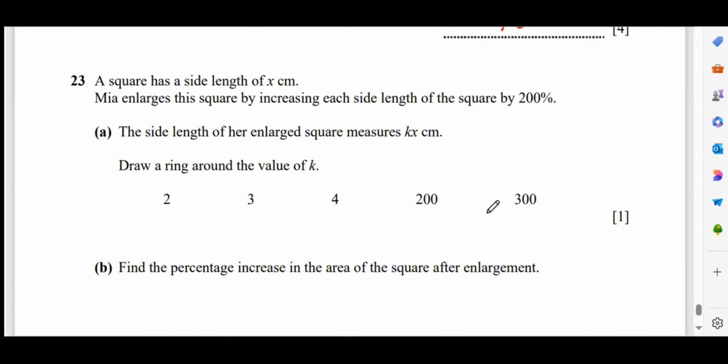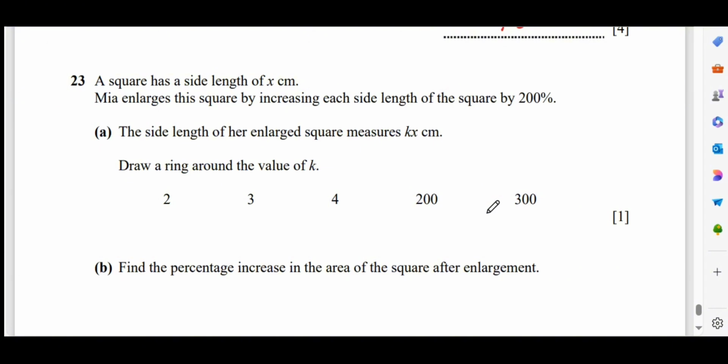They say the side length of the enlarged square measures a cm. Work out the value of a. You can make use of enlargement, scale diagram or scaling, or you can actually work it out.